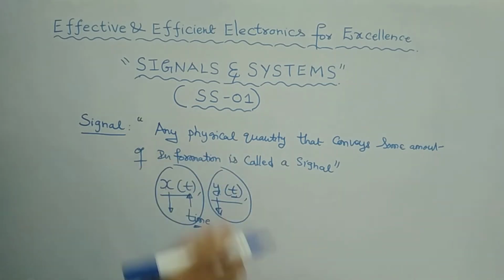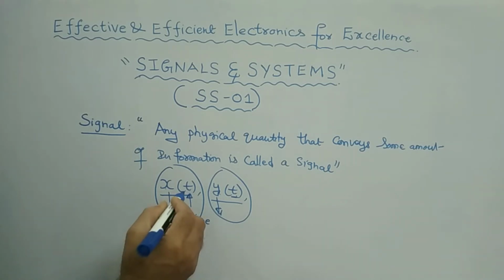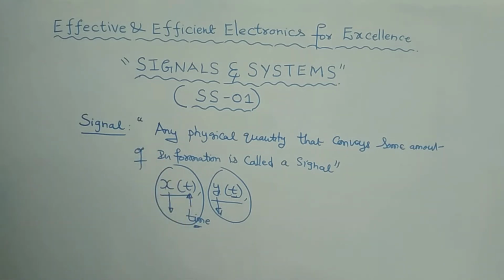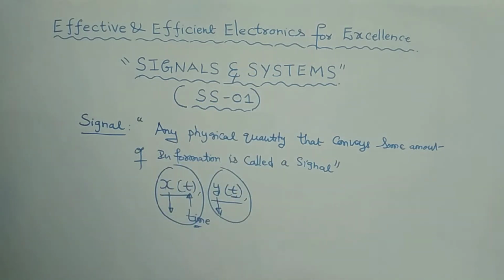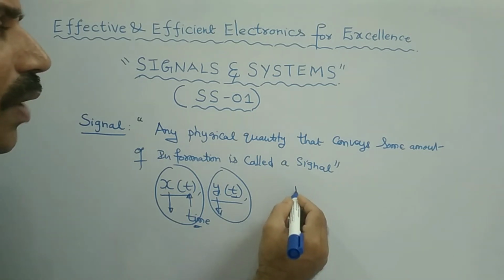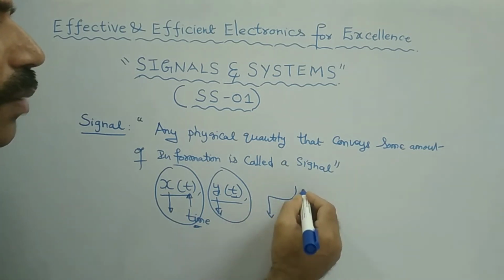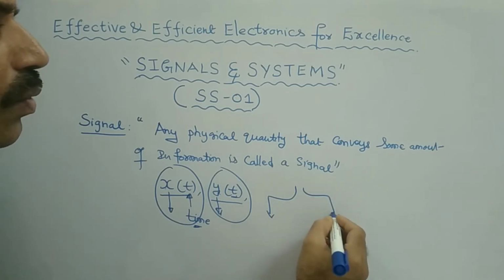Okay, then again remember that time is classified into two ways. There are two types of time to be considered under our signals and systems subject. Time can be categorized into two variants.